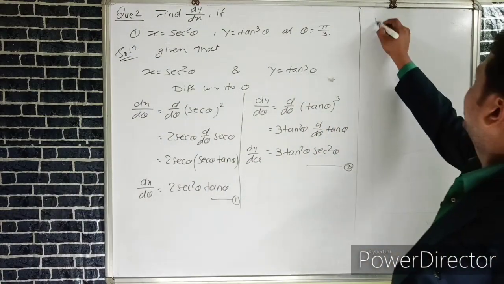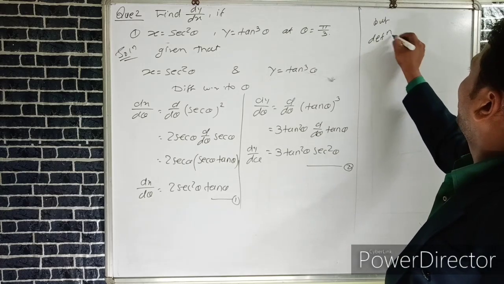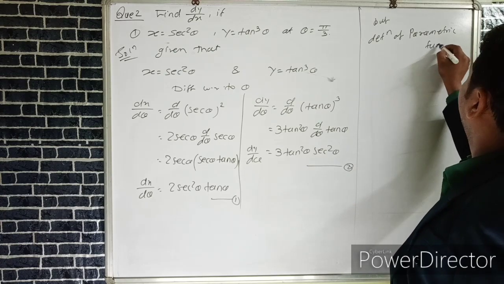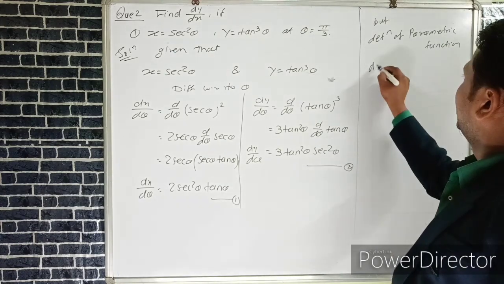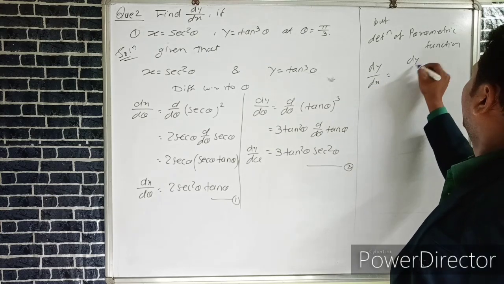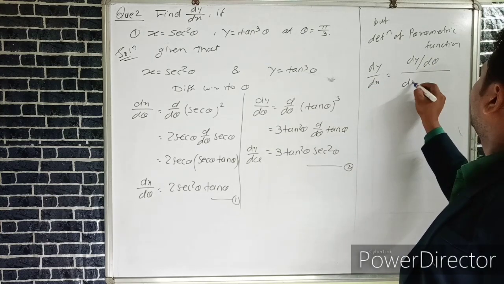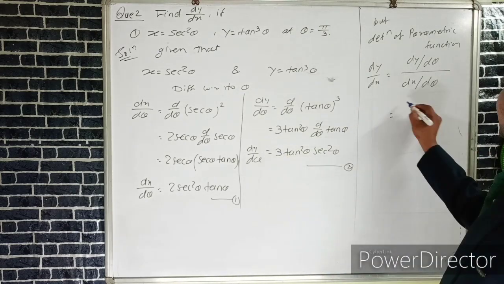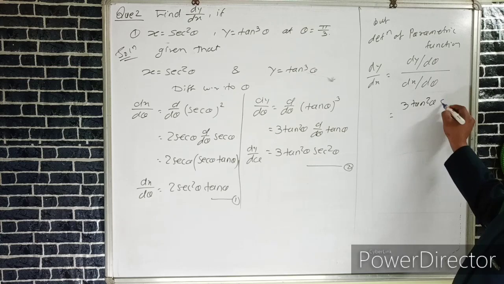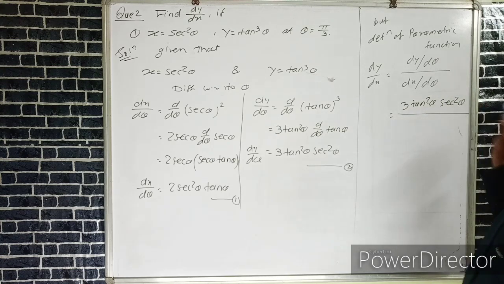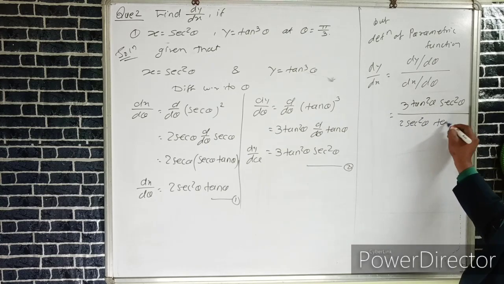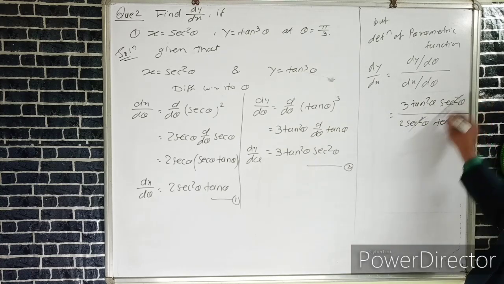We know the definition of a parametric function, which is dy upon dx is equal to dy upon d theta upon dx upon d theta. Here the value of dy by d theta is 3 tan square theta into sec square theta upon 2 sec square theta into tan theta. Here sec square theta cancels, and tan theta cancels.